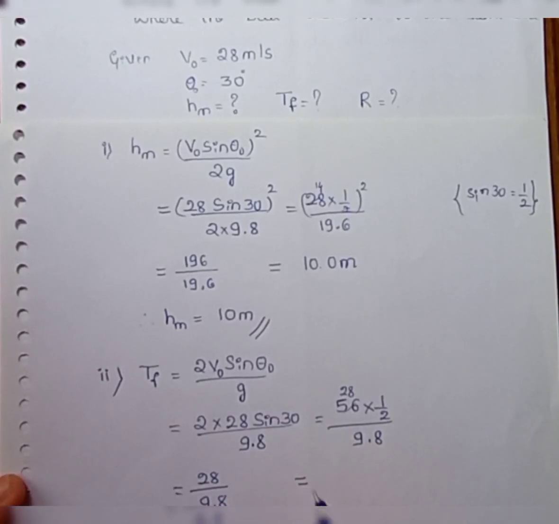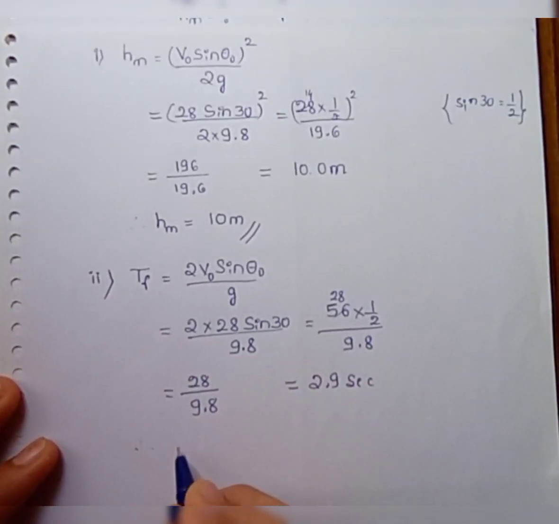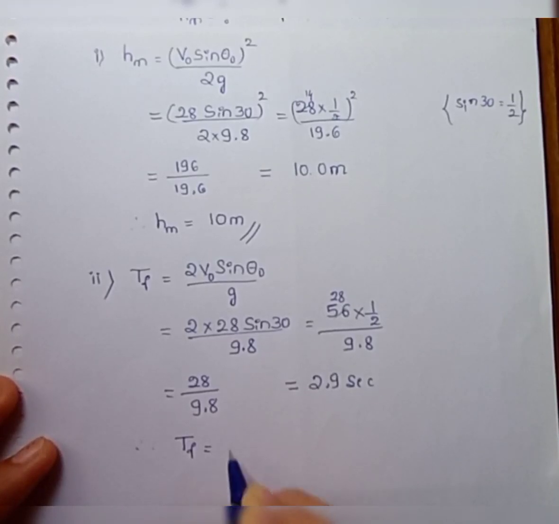So the value for this one is 2.9 second. Therefore TF is equal to 2.9 second.